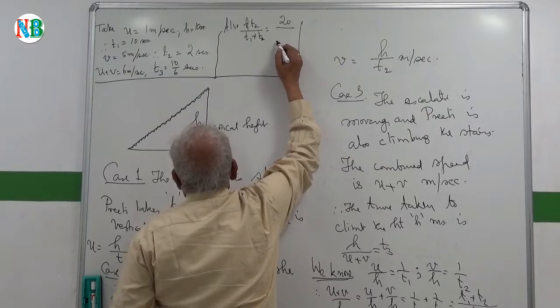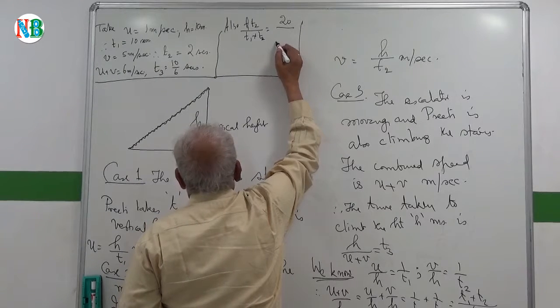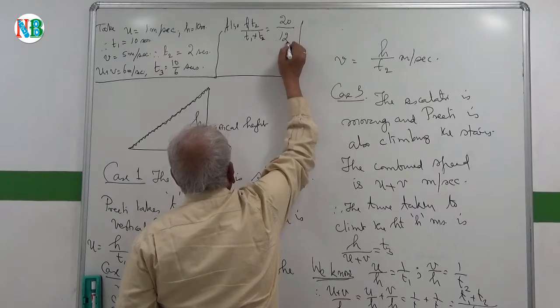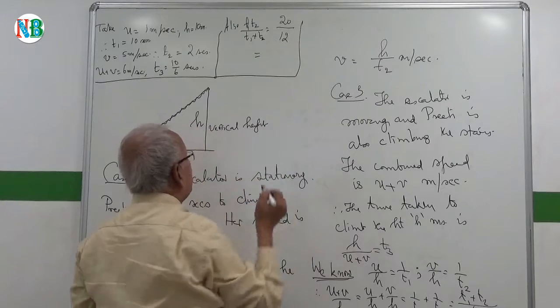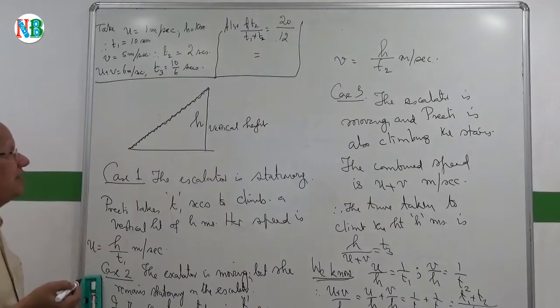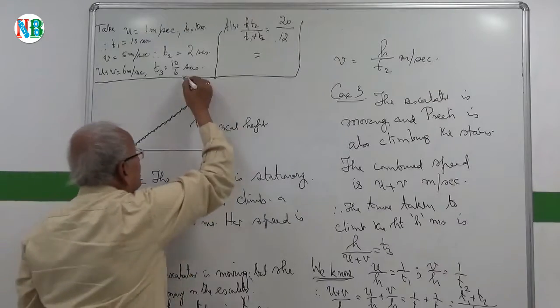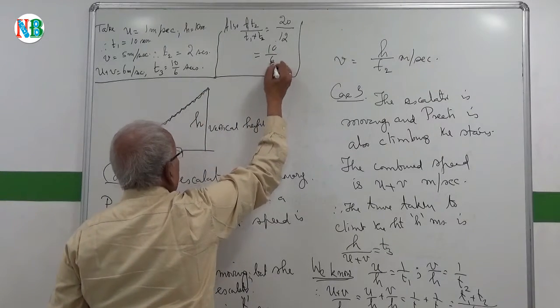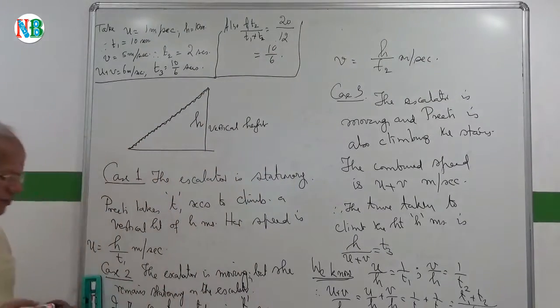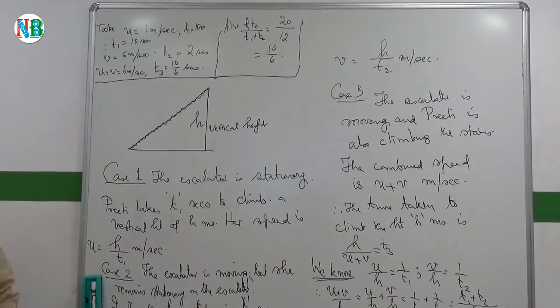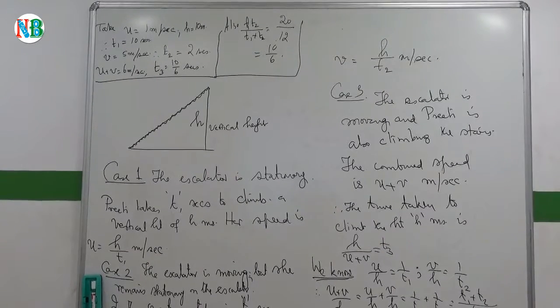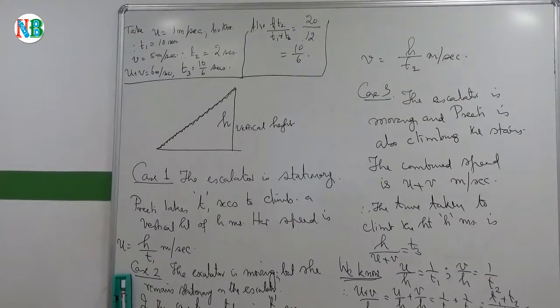And then T1 plus T2, 10 plus 2, 12. And after simplifying, what is that? 10 by 6. So same as this. So this is how velocities get added up.